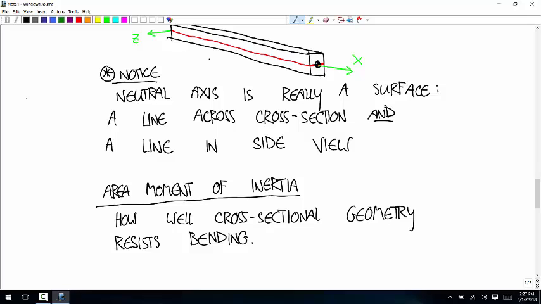So something that is designed to bend very little when you apply big bending moments to it, like an I-beam, that's the benefit of an I-beam, would have a big value of the area moment of inertia. And something that's not designed to stay undeformed with big bending moments would have a low area moment of inertia.